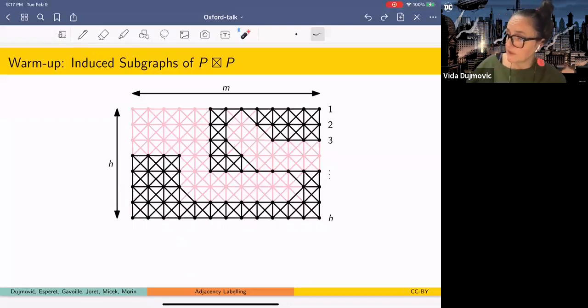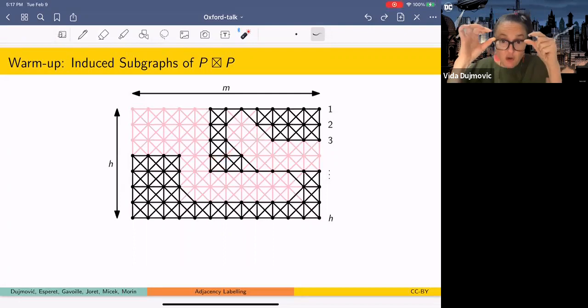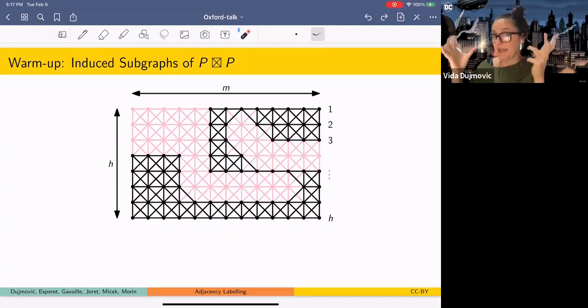If I have 2 vertices, in order to be adjacent, they either have to be in the same row and in consecutive columns, or they have to be in the same column. Just by checking rows and columns, I can figure out if they're adjacent, if I encode the names of the rows and columns.